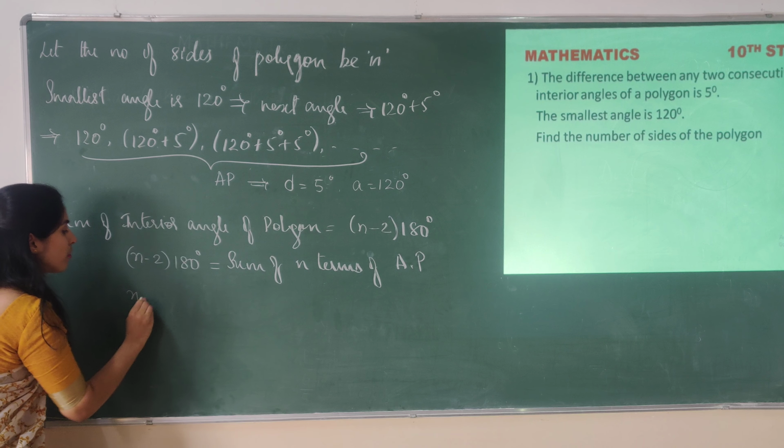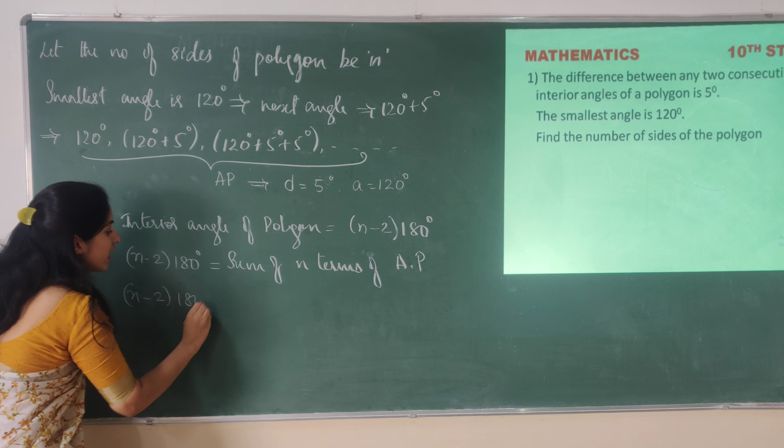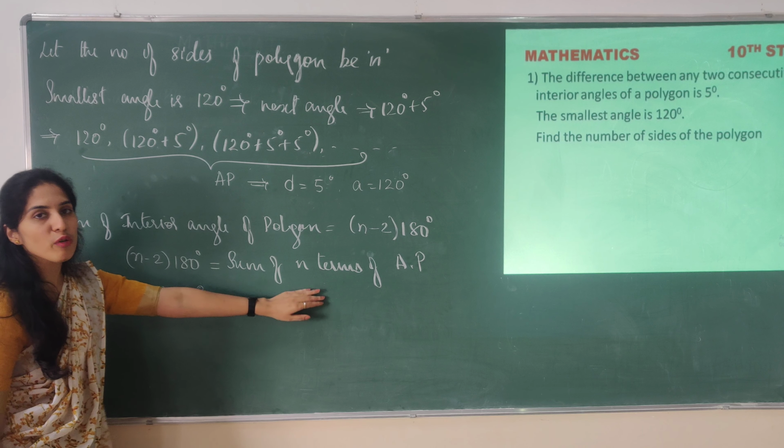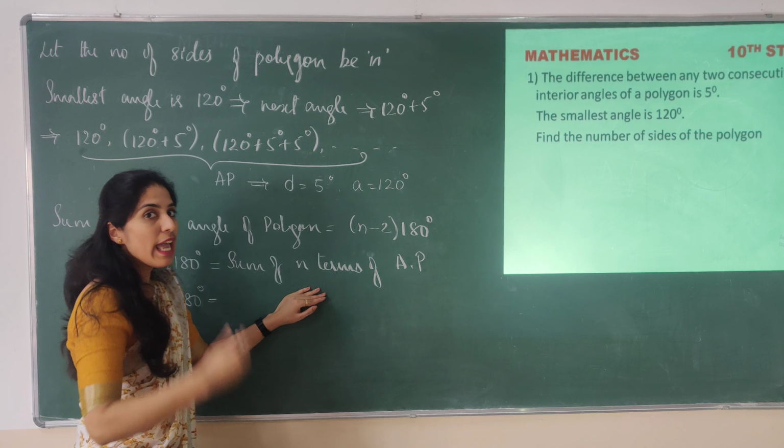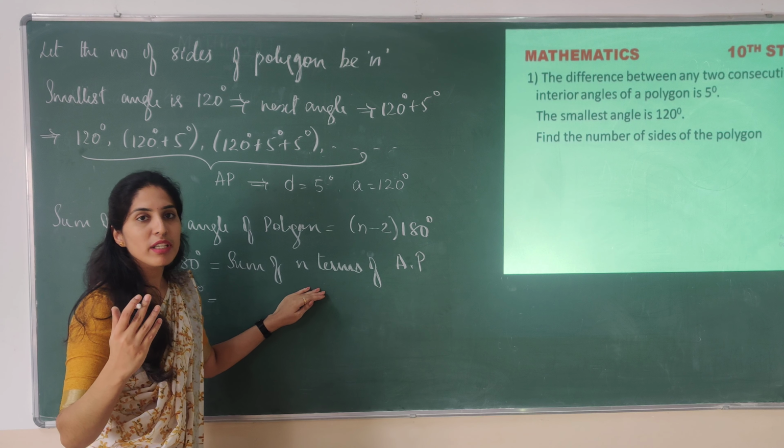So n minus 2 into 180 degree. We know the formula to find the sum of n terms of an AP: n by 2 into 2a plus n minus 1 into d.